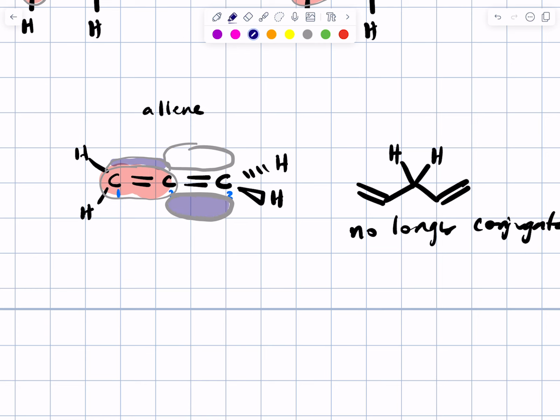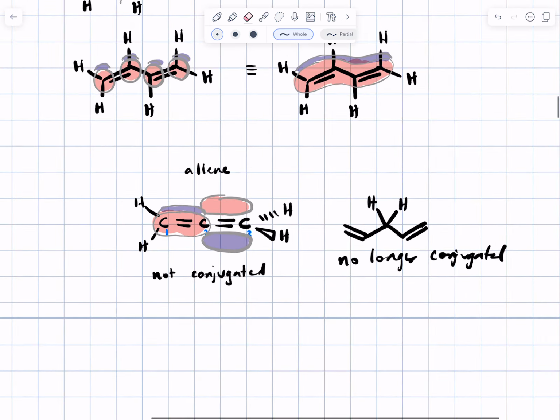Those 2 pi bonds are perpendicular to each other, and orbitals that are perpendicular to each other do not interact. So allene is not conjugated.